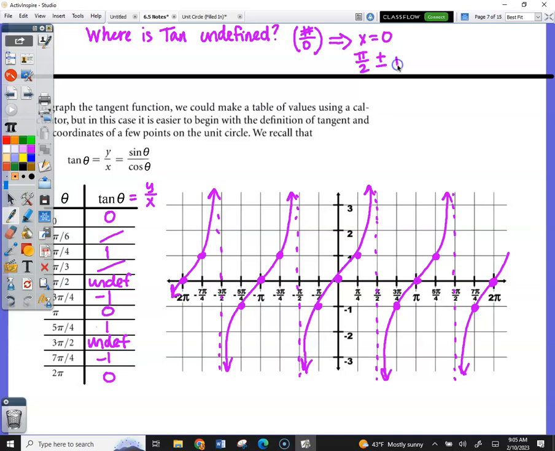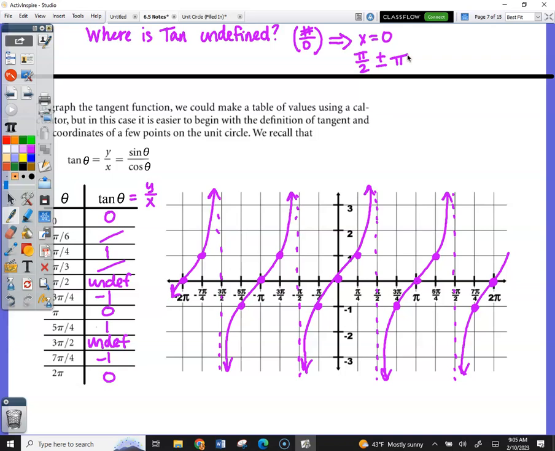So plus or minus pi. Now there's multiples of pi. You technically could put an n there and say where n is any integer. You could subtract 4 pi, 2 pi, 3 pi, doesn't matter. But that's just an intuitive little way to say, here's where tangent's undefined.